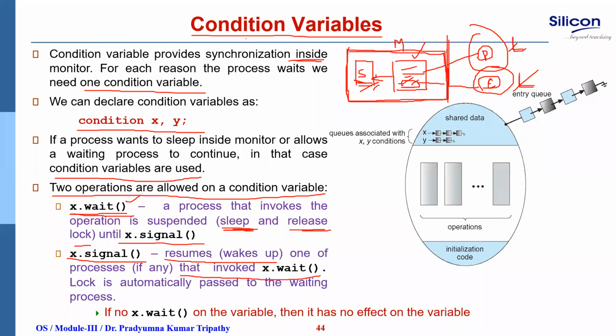It is woken up by x dot signal, and the lock is automatically passed to the waiting process. If no process is waiting on the variable, the signal has no effect on the variable itself.